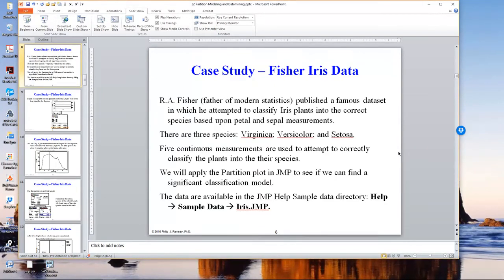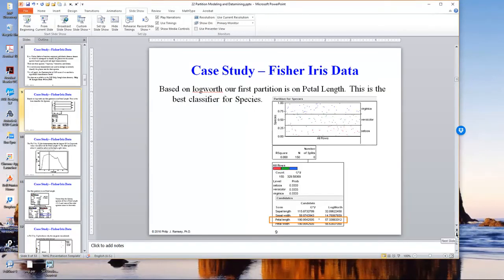We then have a set of measurements on these plants, and what we'd like to do is build a model based on the physical measurements of the plants that best predicts what species it might actually be.